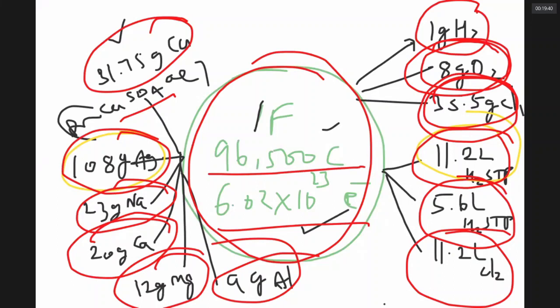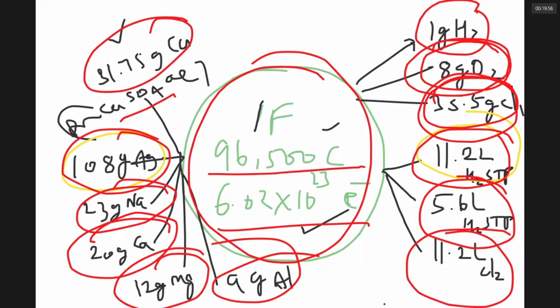Ladies and gentlemen, if I remember this table, I can answer a question in say 10 seconds. They will tell me during electrolysis, I got 22.4 liters of hydrogen at STP. For the passage of the same charge through molten NaCl, what mass of sodium will I get?